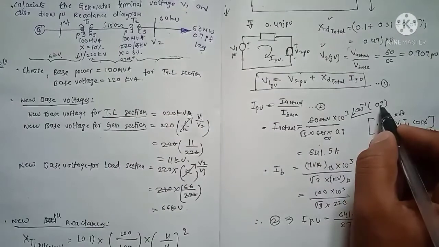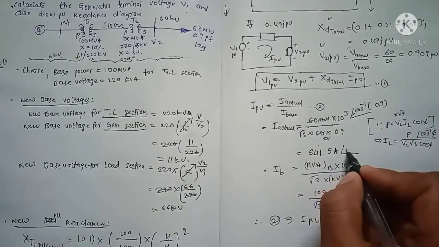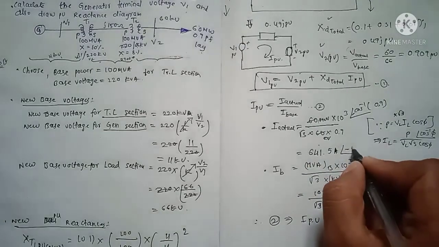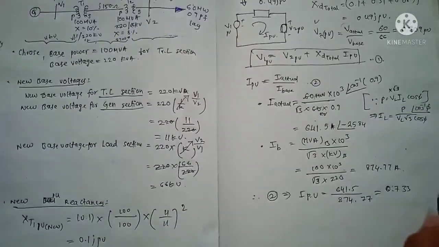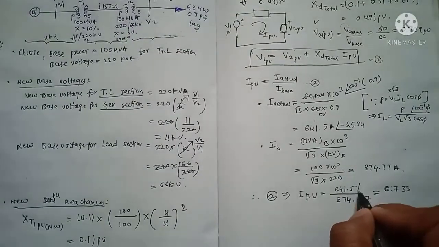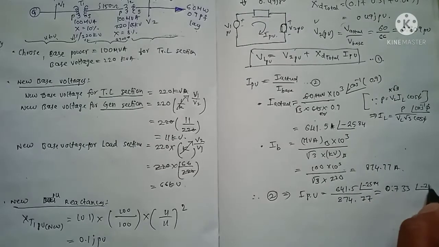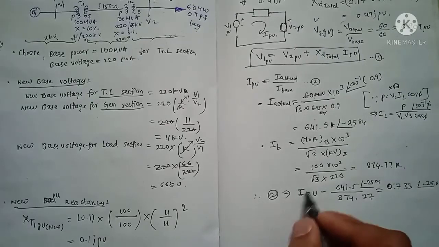Cos inverse of the given power factor 0.9 multiplied by minus becomes minus 25.84 degrees angle. We got I pu also.